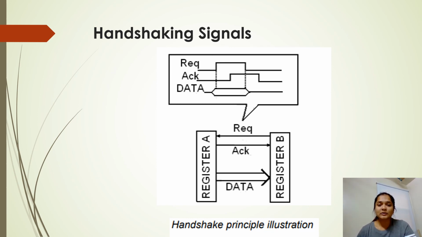So as we see in this picture, a request is initiated with data, and as the receiver acknowledges that request, it accepts that data and gives an acknowledgement signal to the sender. Register B requests data from register A. Register A sends data and an acknowledgement signal to register B.